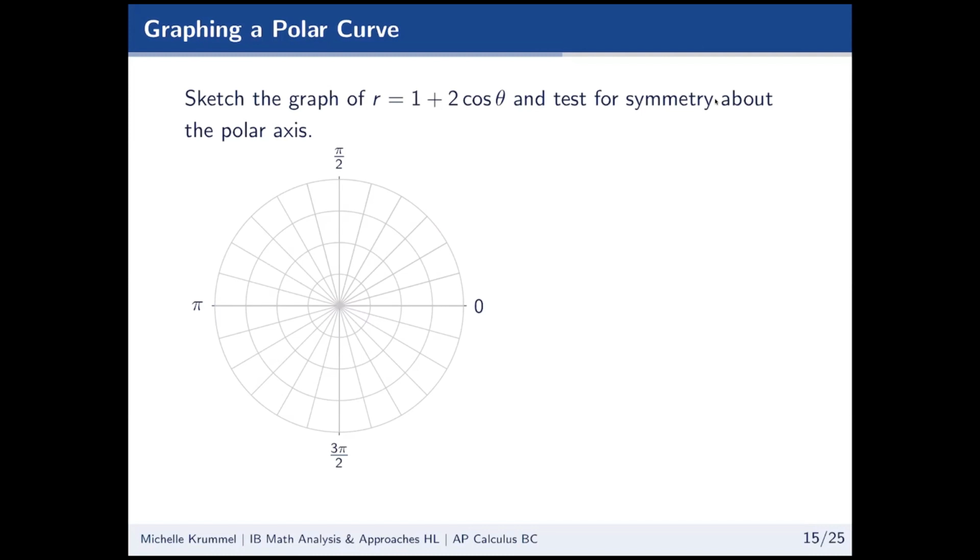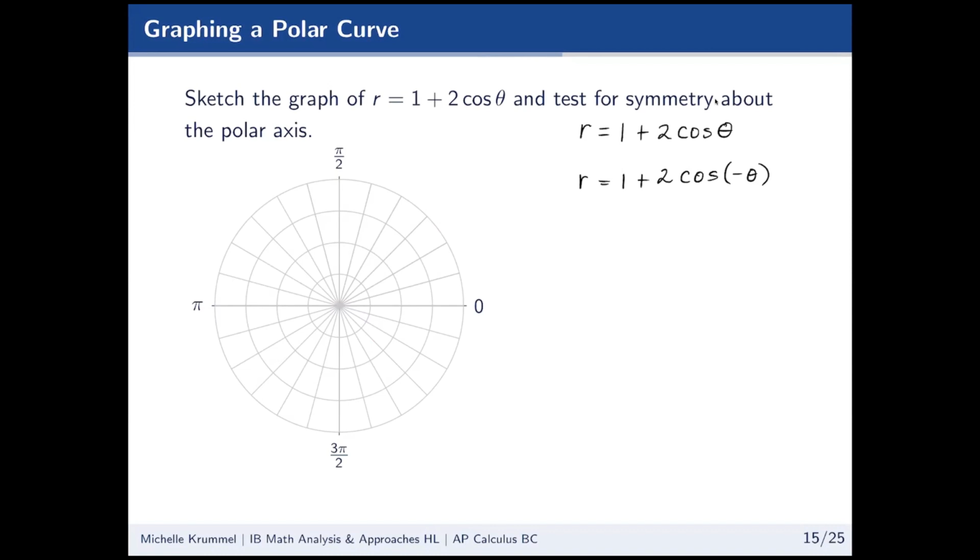So to test for symmetry about the polar axis, we're just replacing the theta with the negative theta. So our original polar equation, r equals 1 plus 2 cosine theta, becomes r equals 1 plus 2 cosine of negative theta. Again, remember to use parentheses there. And then we'll simplify using trig identities if we can.